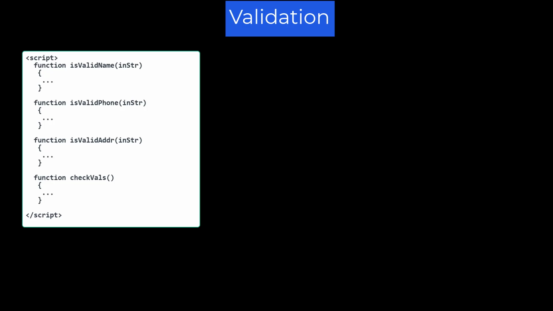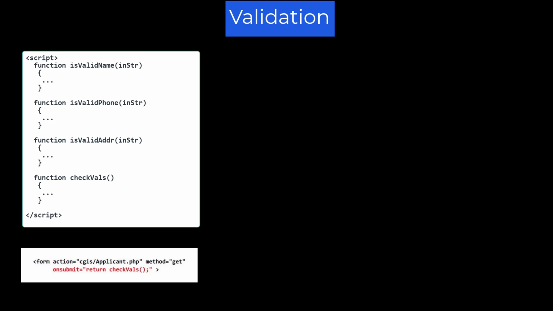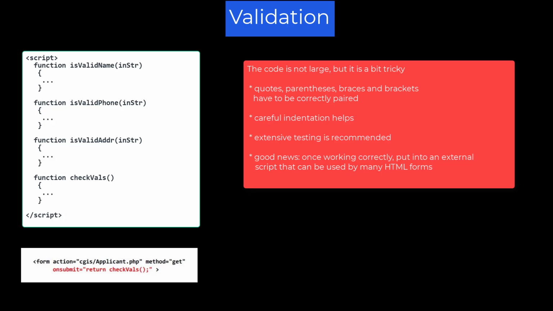So we put the functions isValidName, isValidPhone, isValidAddr, and checkVals in a script element, and add the onSubmit event handler in the form start tag, and we're ready to do some good validation of the values the user has entered. The code, while not large, is a bit tricky.